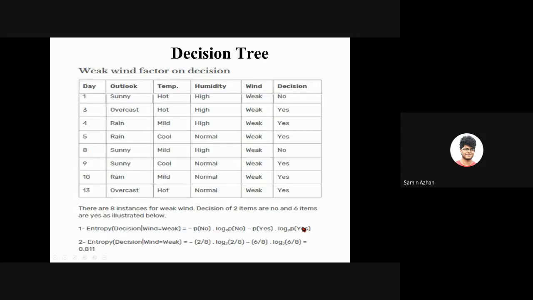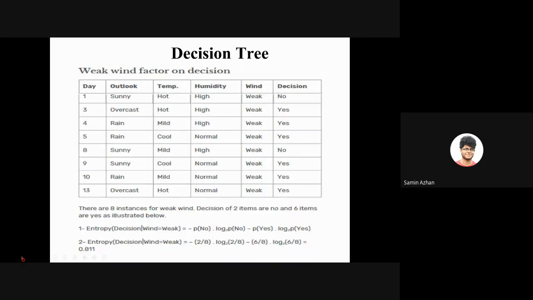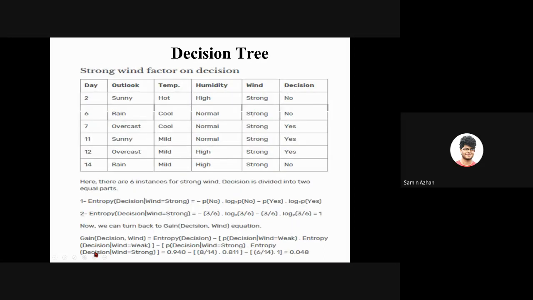So to calculate the gain, first we have to use that value minus, and then we calculated the entropy of decision while wind is equal to weak in the previous slide, right here, 0.811. And in this slide, we calculated the entropy of decision while wind is equal to strong, which is basically 1.